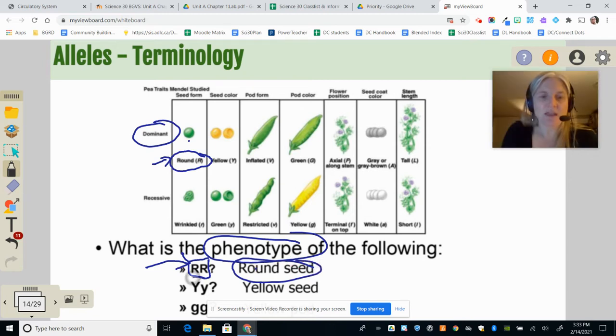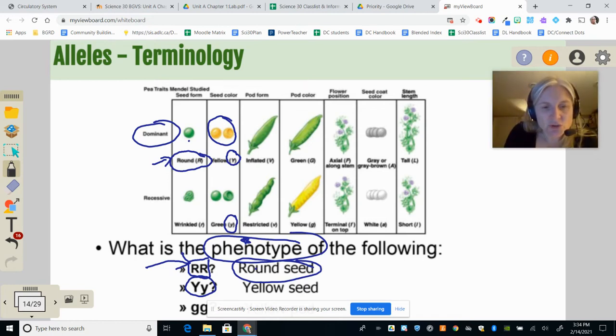If you have a capital Y and a little y, there we have an allele for a yellow seed and an allele for a green seed. Remember, you only need one dominant one and it overpowers a recessive. So what is this going to look like? Because that's what we're trying to find. Phenotype, what does it look like? It's going to be a yellow seed because that capital Y is going to overpower it.